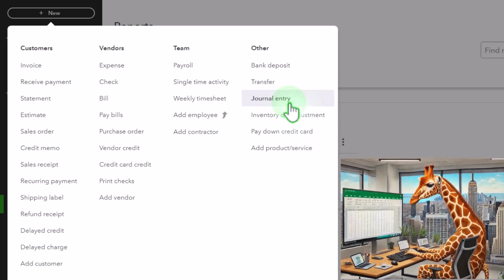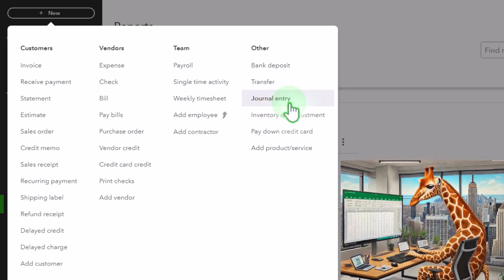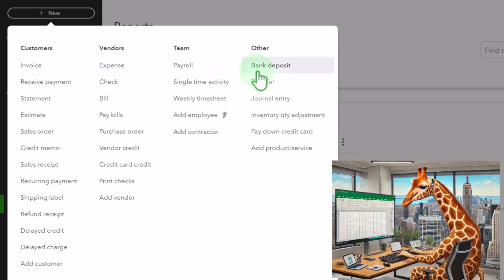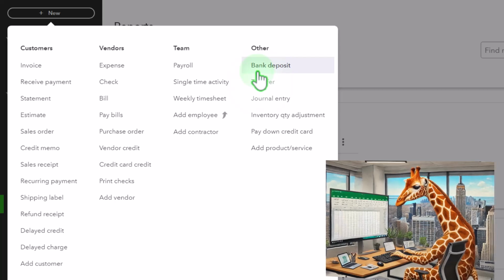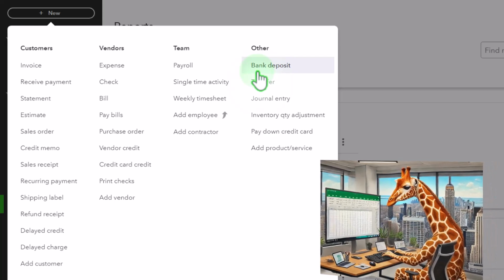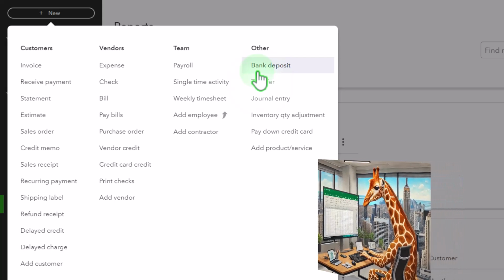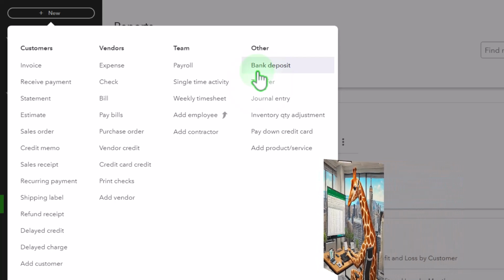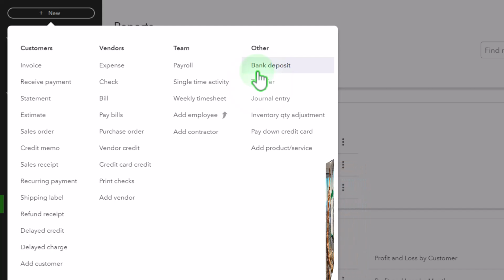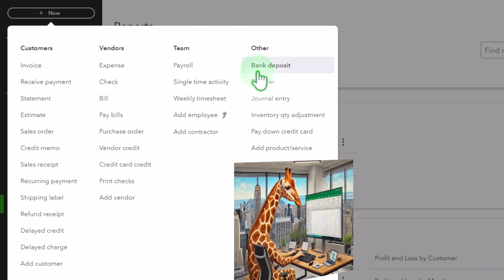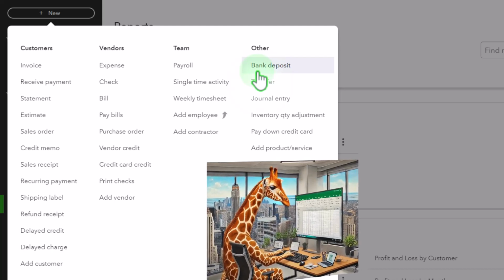Now that will typically be ones that don't have cash involved, because if cash is involved, you would think that we could still use an expense form if cash is going out, or a deposit form if cash is coming in, even if the transaction isn't normal, doesn't happen all the time, such as, for example, a loan from the bank. Or, for example, the owner putting money into the business. Those don't happen all the time, but because cash is impacted, I can probably still use the normal forms for increases and decreases to cash.